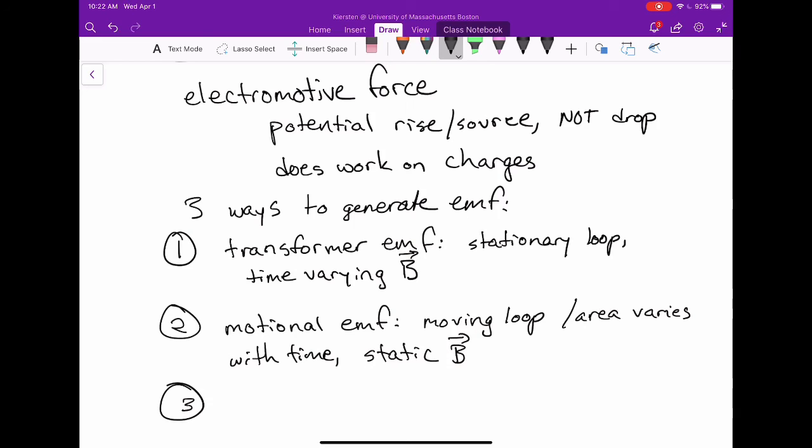And the third way is a combination of the first 2 ways. So a combination of the transformer and motional EMF types.